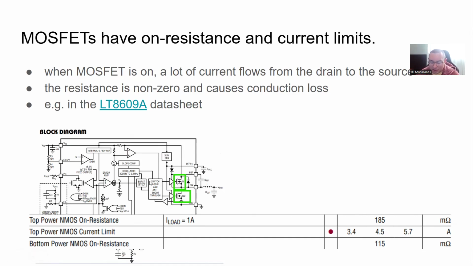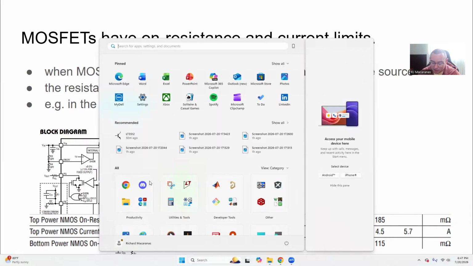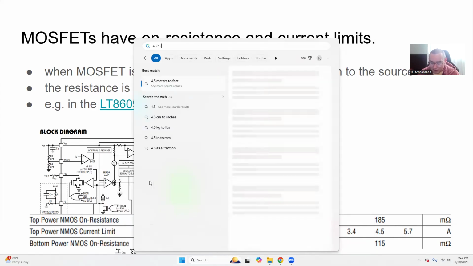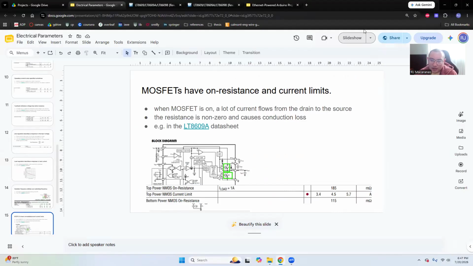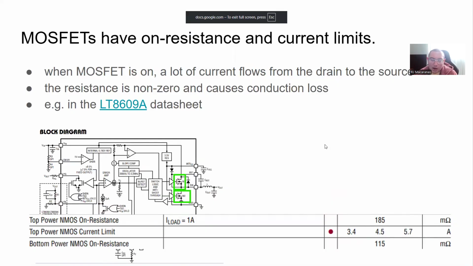And if you were to calculate how much power that is, P is I times V, so then it's also I squared times R. So if I have 4.5 squared times my resistance, then I'm left with 3.75 watts, give or take. And so that's the most amount of power that they can continuously dissipate.